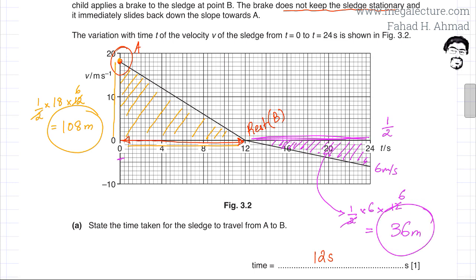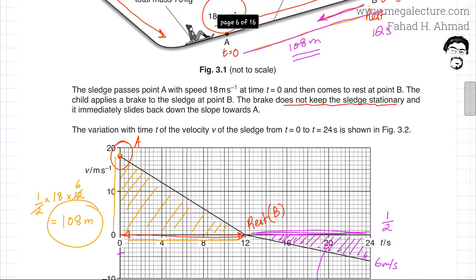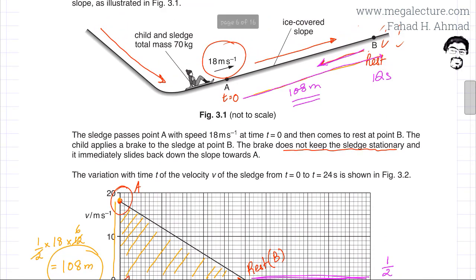So going back to my diagram, the issue now is that it took 108 meters to climb up. That's the total distance between A and B. And when it is moving back, at t equal to 24 seconds, the sledge has only covered 36 meters.